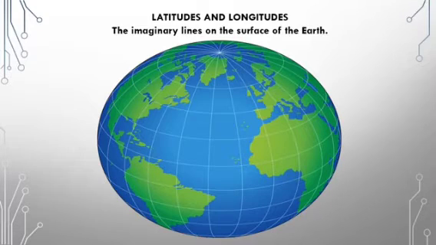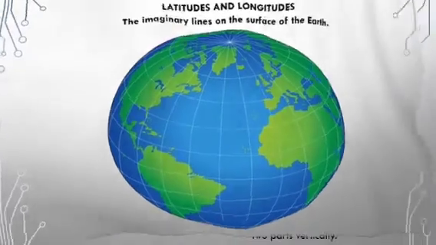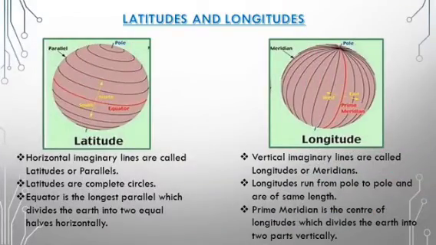And with the help of this grid, we are able to locate any place on the earth. Latitudes. Horizontal imaginary lines are called latitudes or parallels. Latitudes are complete circles. Equator is the longest parallel which divides the earth into two equal halves horizontally.